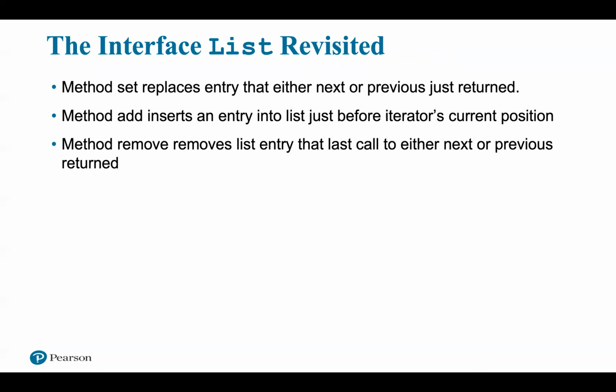The iterator returned by the first version of listIterator begins at the list entry indicated by index, where 0 indicates the first entry in the list. The second version of this method has the same effect as listIterator(0). Because the standard classes ArrayList, LinkedList, and Vector of the package java.util implement the interface List, they have these two listIterator methods as well as the method iterator.